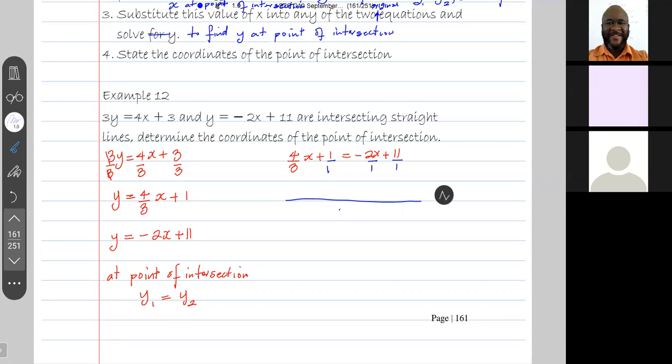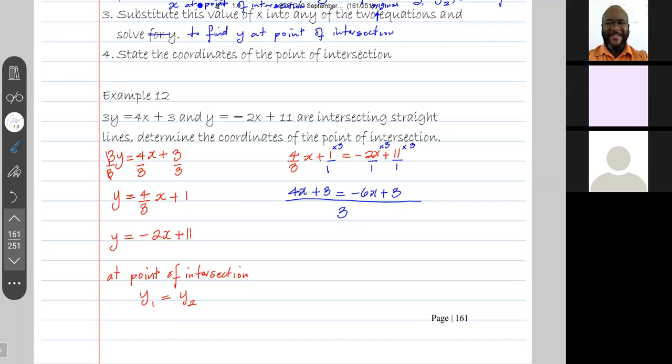The LCM is 3. 3 into 3 is 1. 1 times 4x is 4x. 1 into 3 is 3. 3 times 1 is 3. 1 into 3, 3. 3 times minus 2 is minus 6x. 1 into 3 is 3. 3 times 11 is 33.